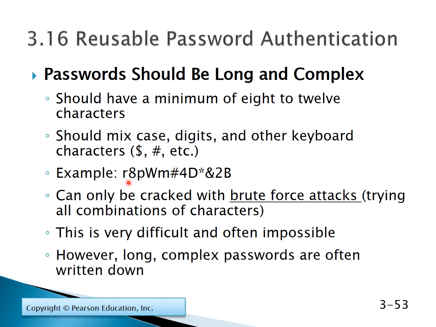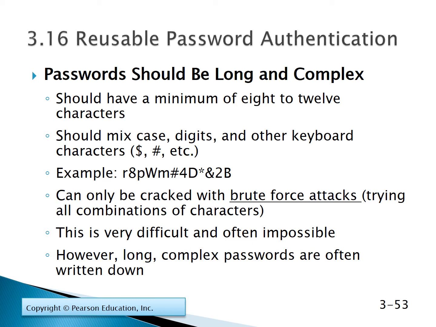And then you have that to the power of, how many are there? To the power of 12, right? Then that would be a very large number, so it's not easy to crack. So this is in general very difficult and often impossible to crack.